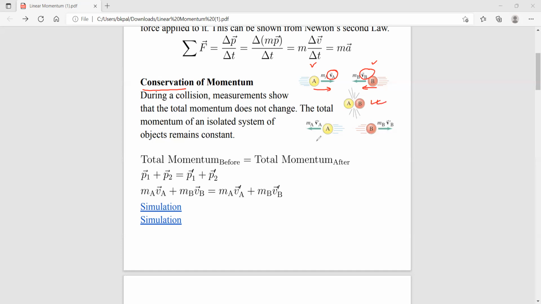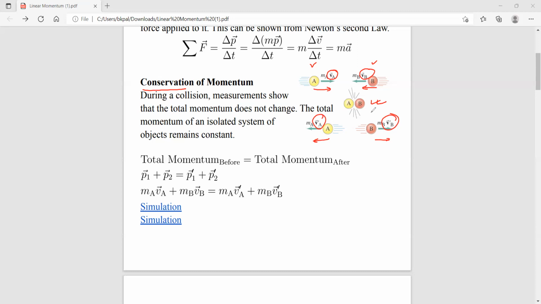After the collision, let's say A is moving in this direction with velocity v prime A, and B is moving in this direction with velocity v prime B. Again, you can determine the momentum of object A and B after the collision.